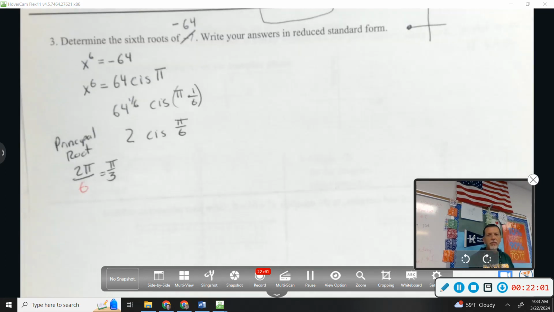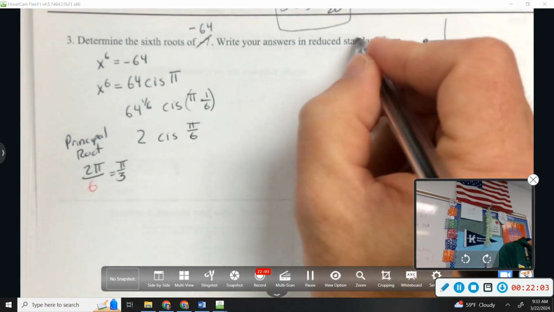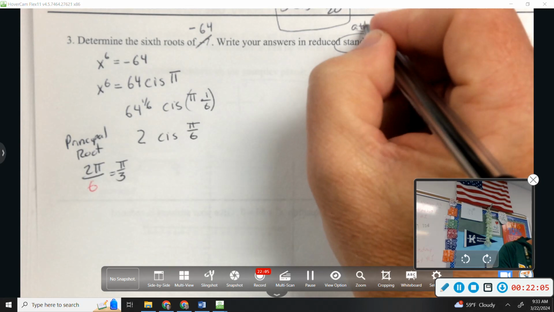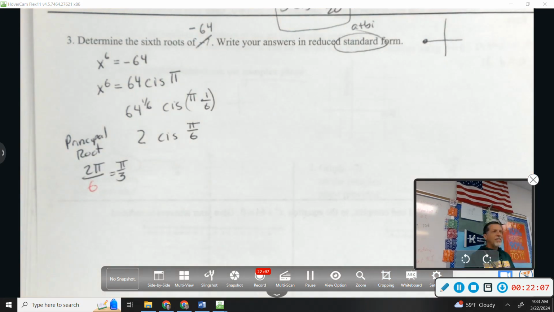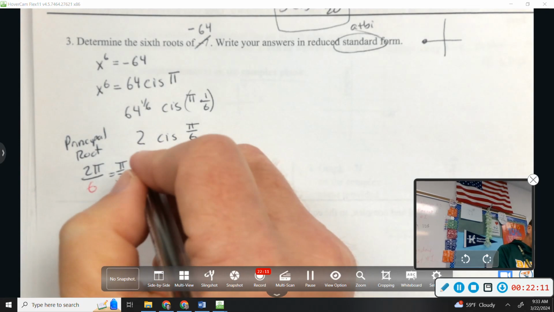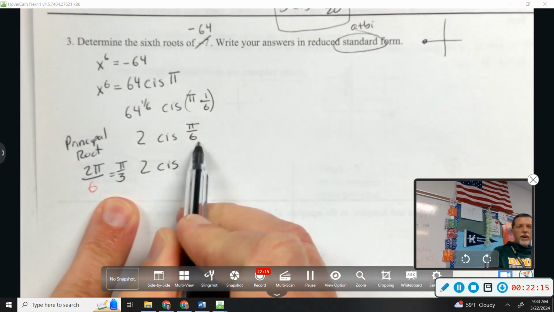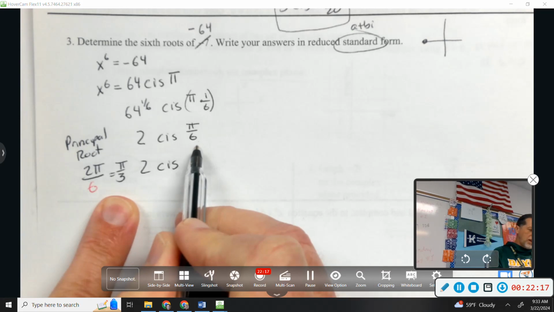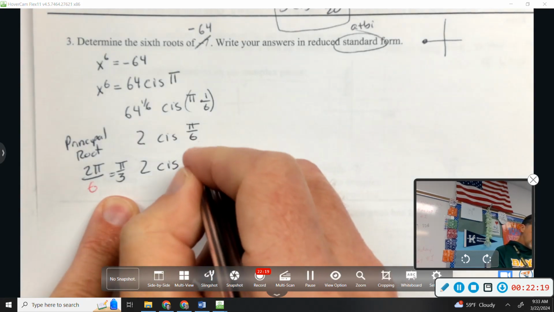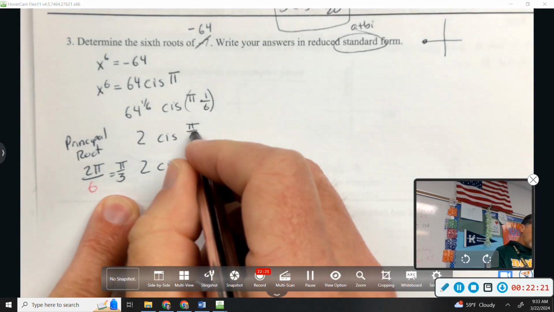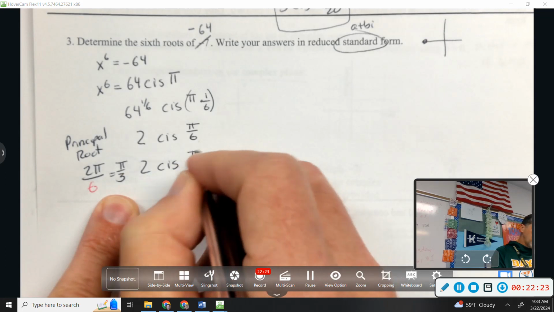Now I need to be careful about space only because this wants it in standard form. So that's kind of awful, but that's all right. My next one would be 2 cis pi over 6 plus pi over 3, which is 1/6 plus 2/6, 3/6, pi over 2.